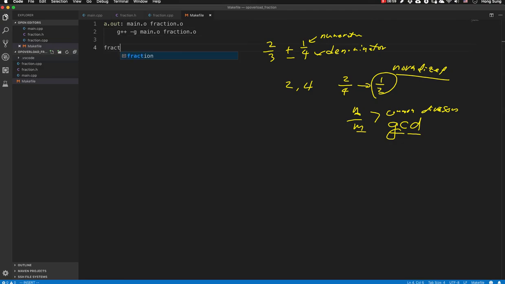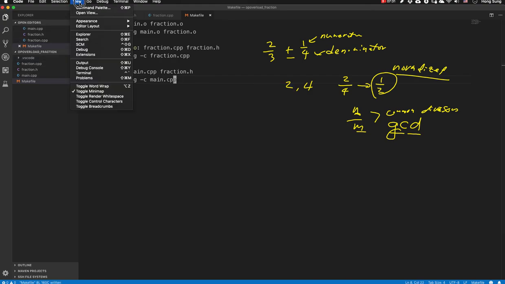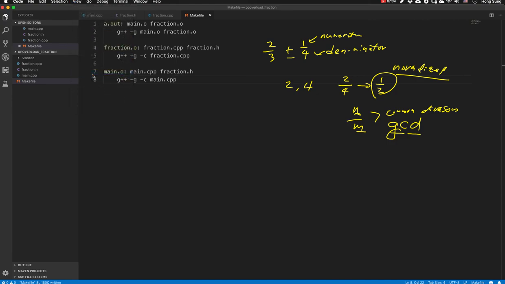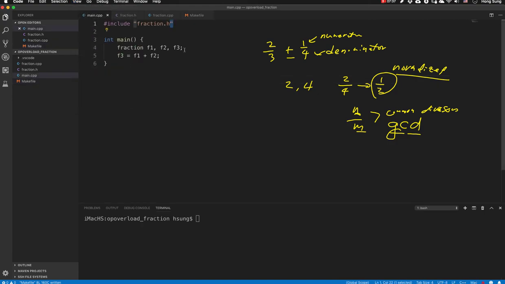Then fraction.o is achieved by compiling fraction.cpp, which includes fraction.h, with g++ -g -c fraction.cpp. And main.o we get by compiling main.cpp, where fraction.h is included, with a debug symbol, compiling only main.cpp. That's what we do. Let me open a terminal and main.